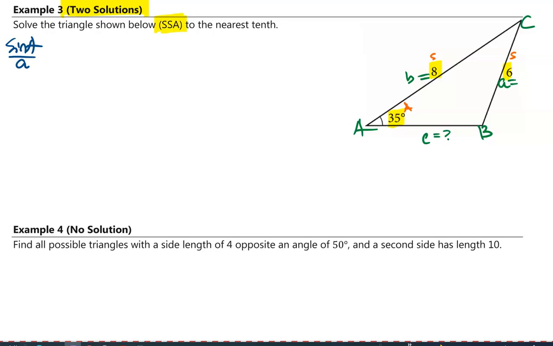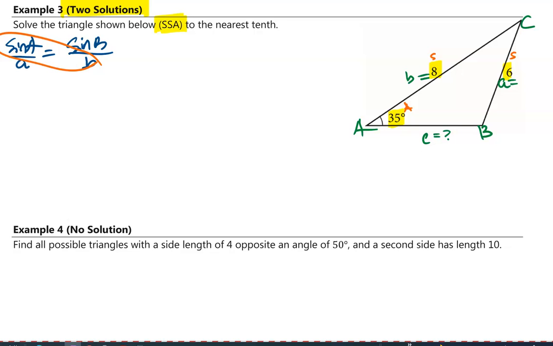So sine angle A over side A is equal to sine of angle B over side B. We're going to use law of sines to solve for angle B. So cross multiply.